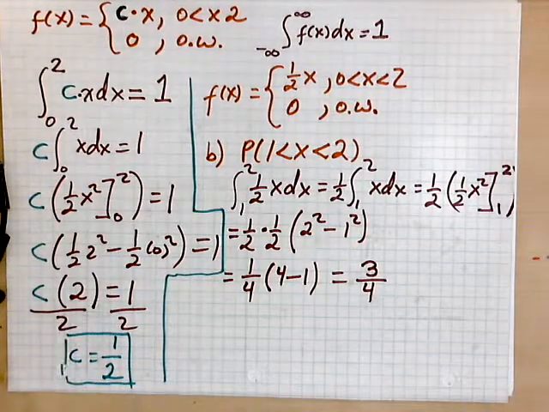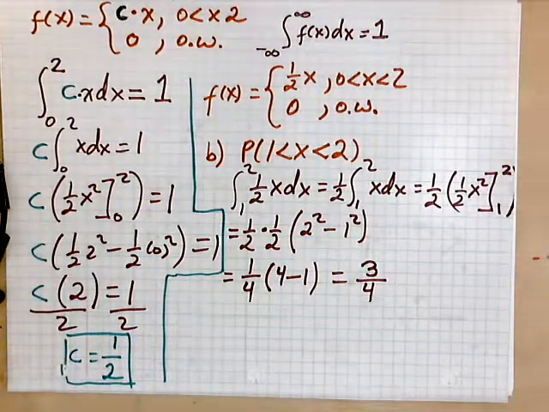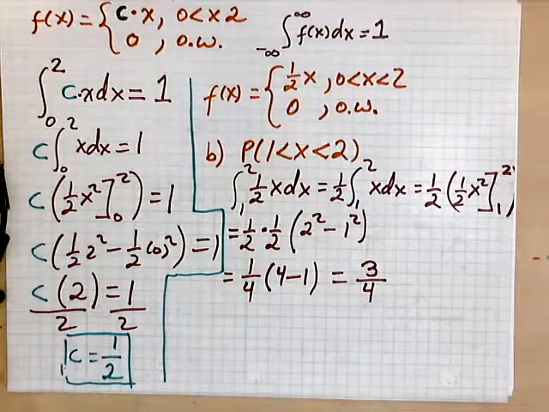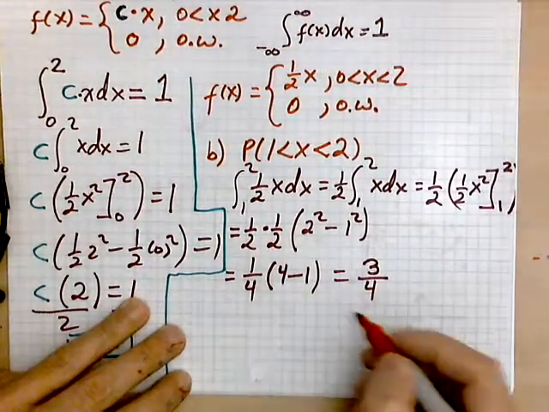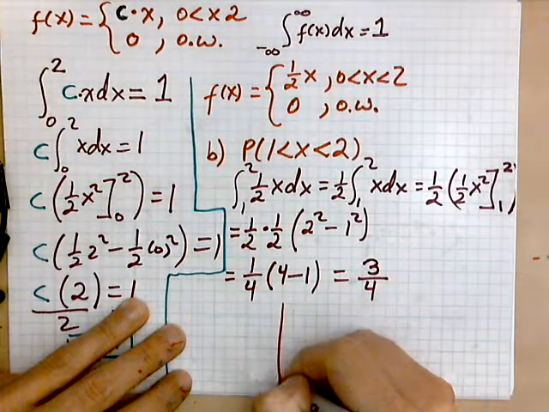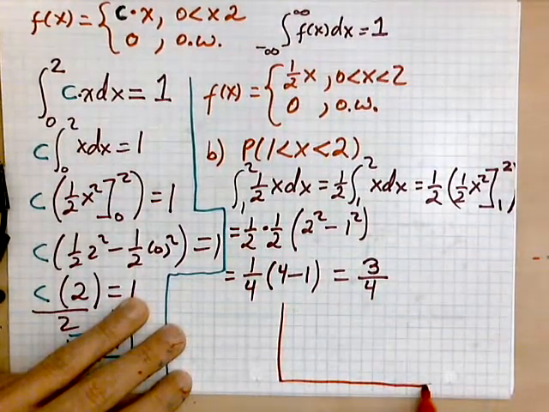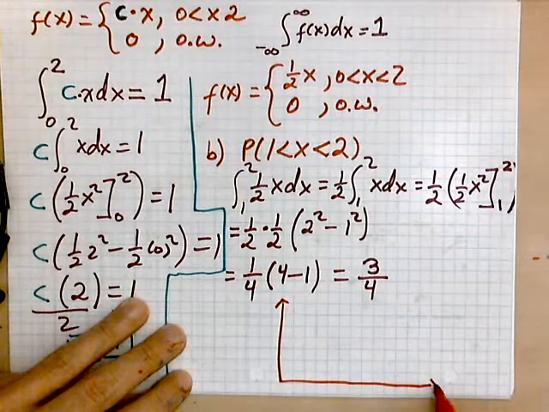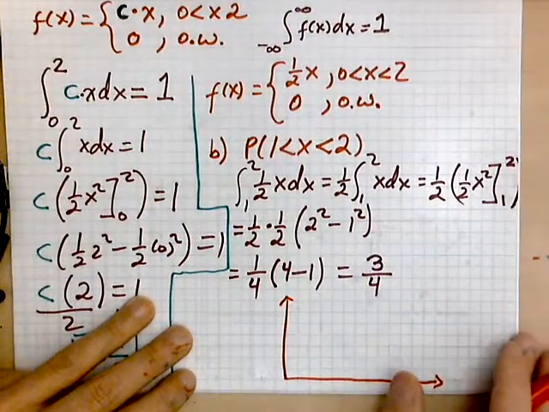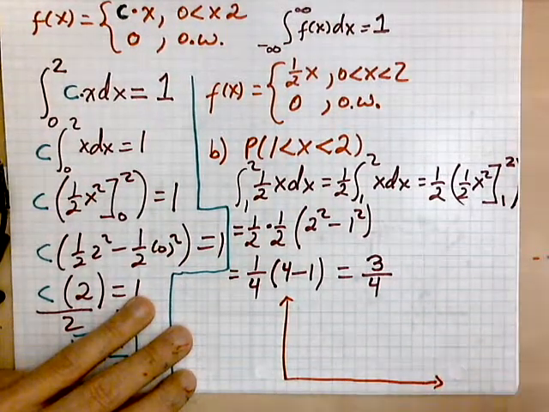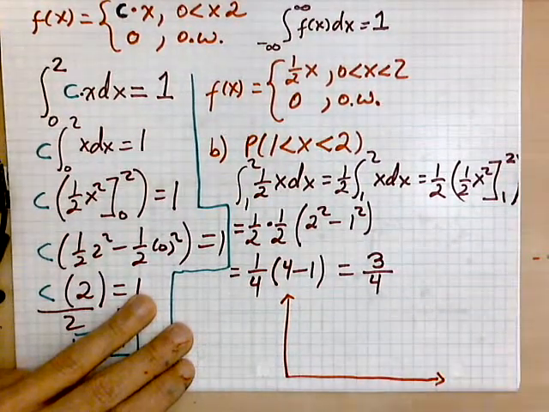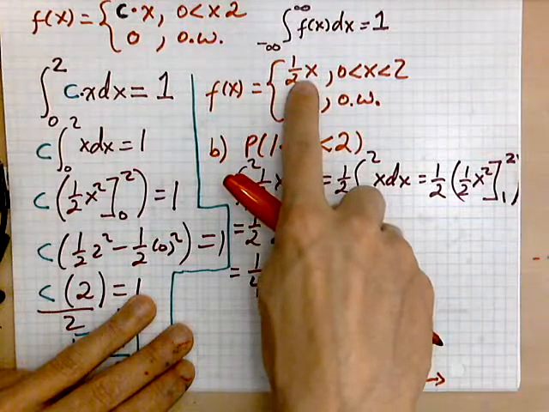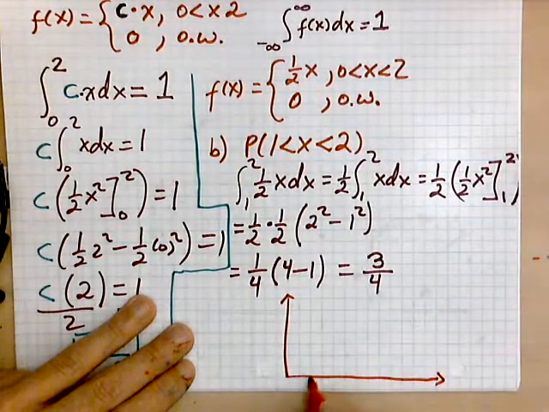And now let's take a graphical interpretation of this problem. So what are we going to do? We are going to draw an x and y coordinate plane. Okay. We are going to draw the PDF. So the PDF is 1/2 x. So that means, in other words, 2 to the right and 1 up.